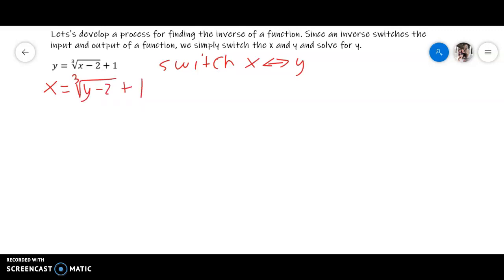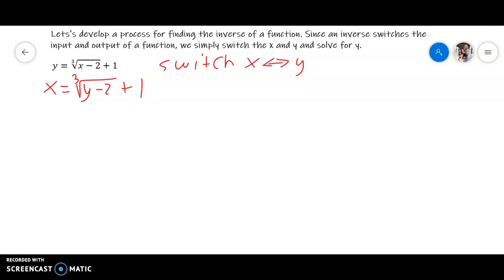Now, if you've done the part about how we solve equations with cube roots or square roots, you know that I'm trying to solve for y, so that means I need to isolate my radical part, where the y is, and then cube it. Okay?